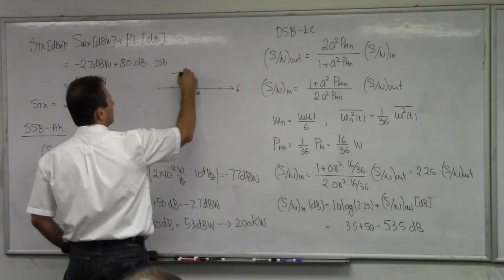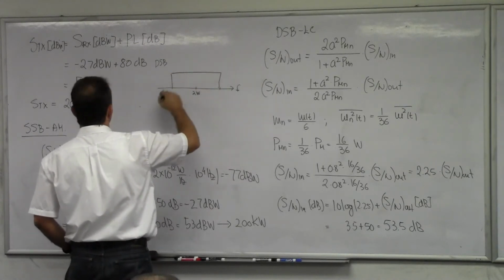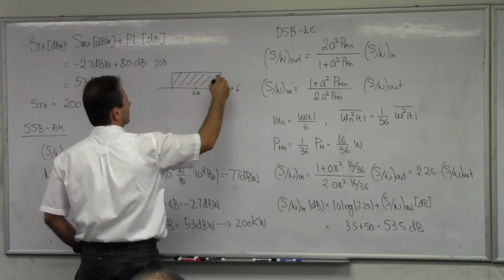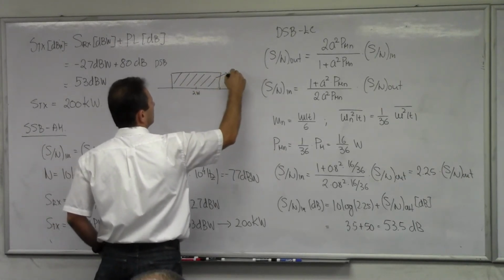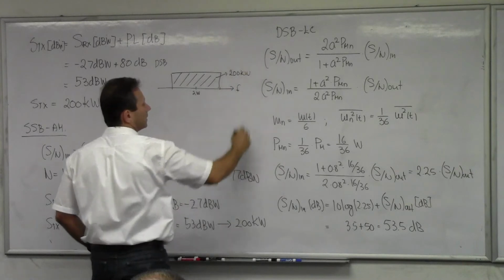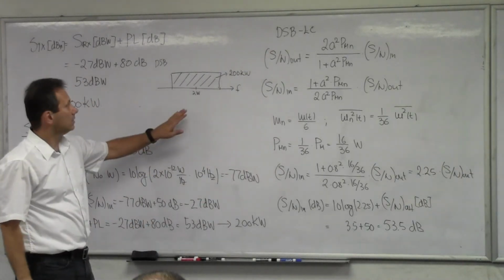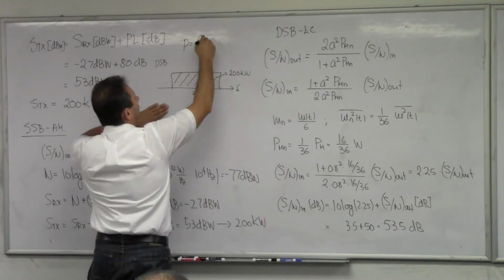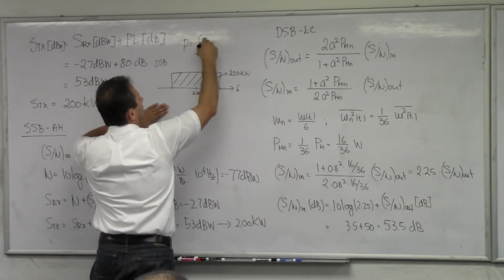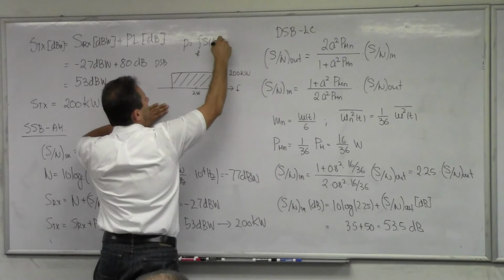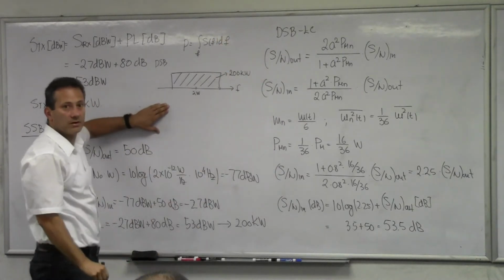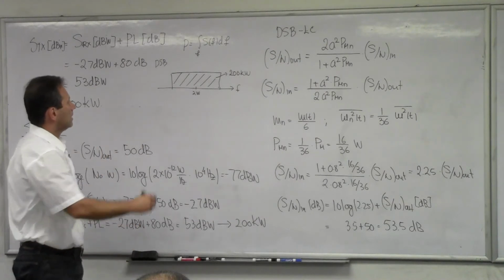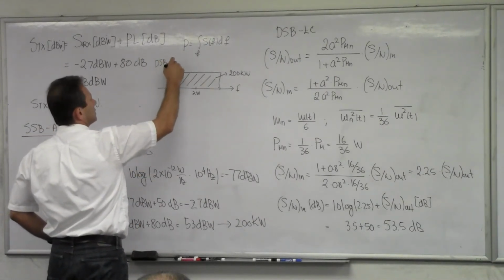You have a power that's 200 kilowatts, so this area under the curve is 200 kilowatts. Why? Because you remember the power is an integral over f of the power spectral density. That's our general expression. Now this is for double sideband suppressed carrier.